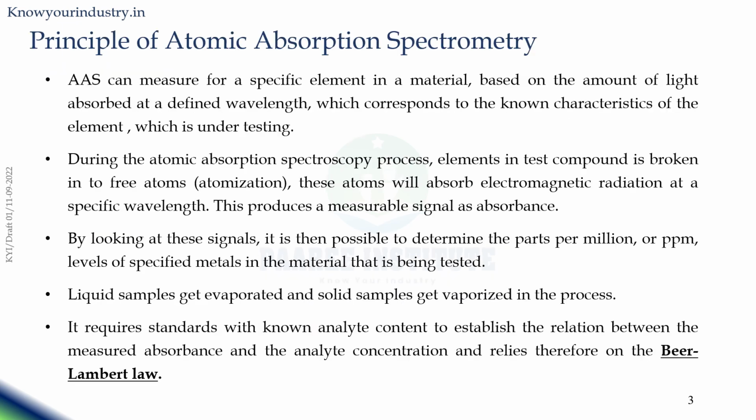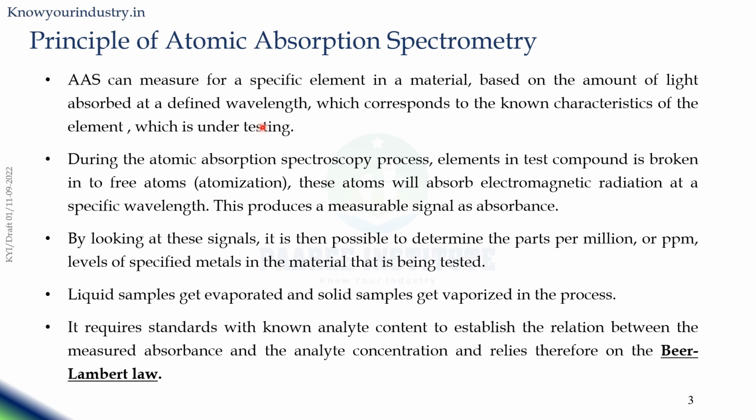As atomic absorption spectrometry also follows the Beer-Lambert law, it measures a specific element in a material based on the amount of light absorbed at a defined wavelength, which corresponds to the known characteristics of the element under testing. So the wavelength is specific to the particular element, and the amount of light absorbed is directly proportional to the concentration of the particular element. So this is the basic principle behind the AAS.